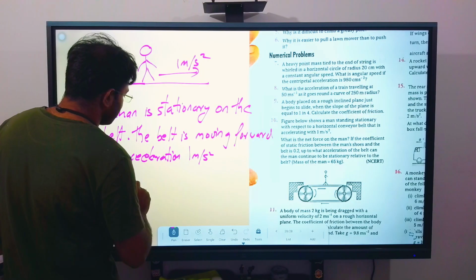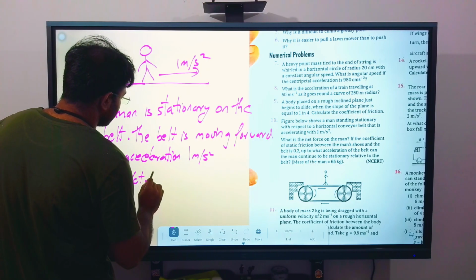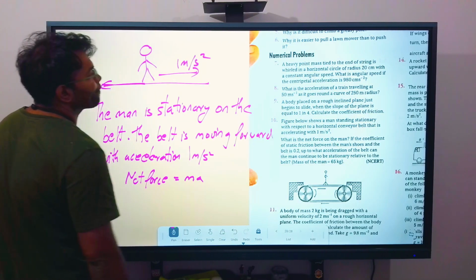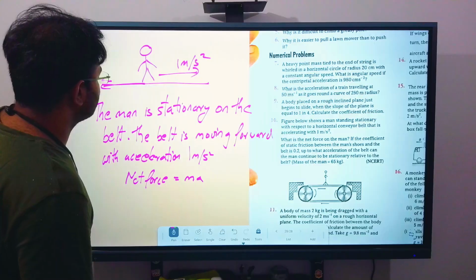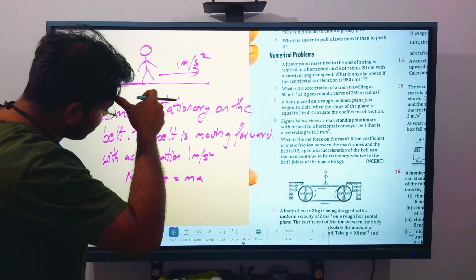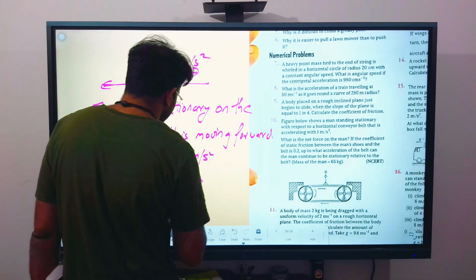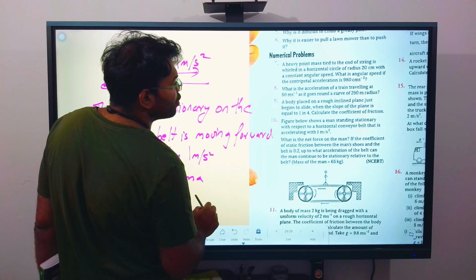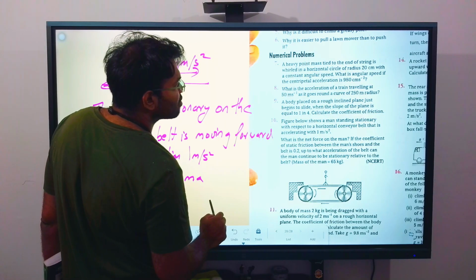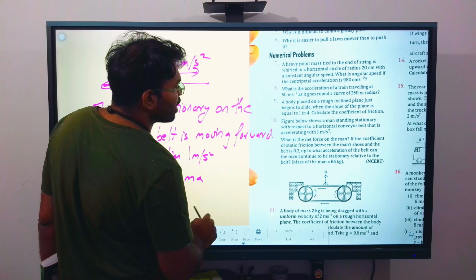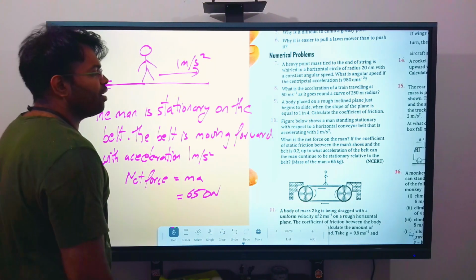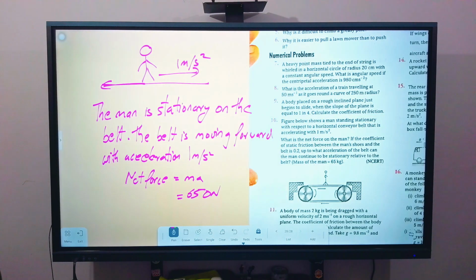The net force is equal to MA. Net force should be equal to your MA value. Therefore, 650 newtons. 65 multiplied by 10 is 650 newtons.